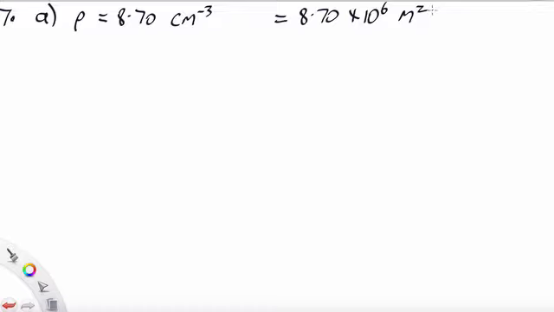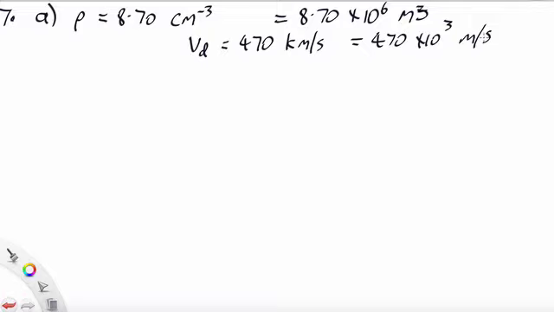So that bigger number per cubic metre. And we have the drift velocity is 470 kilometres per second. So 470 by 10 cubed meters per second.